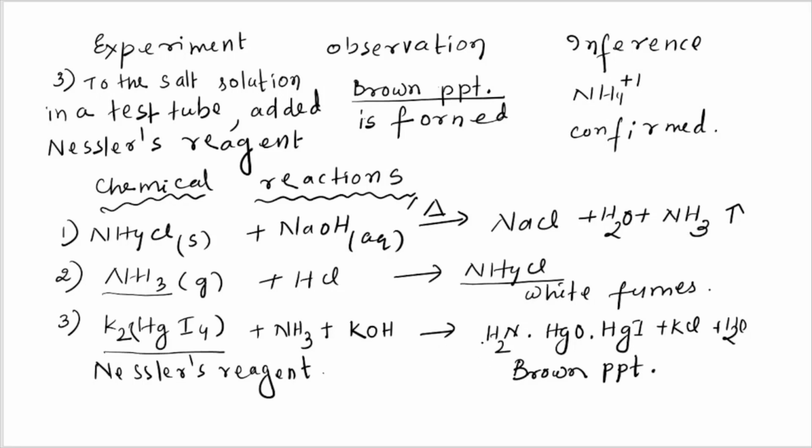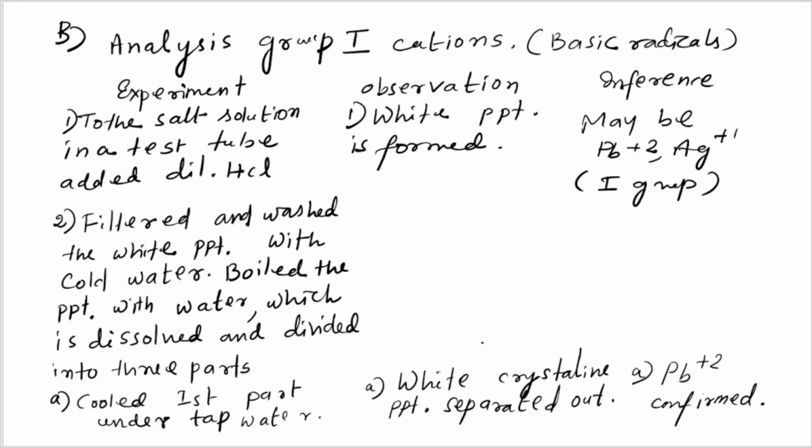I hope it is clear to you. Again, if the ammonium ion is there, first it is heated with NaOH and gives ammonia smell. If a glass rod dipped in HCl is shown to the gas, it gives white fumes, that is ammonium chloride. And third, Nessler's reagent gives that brown precipitate.